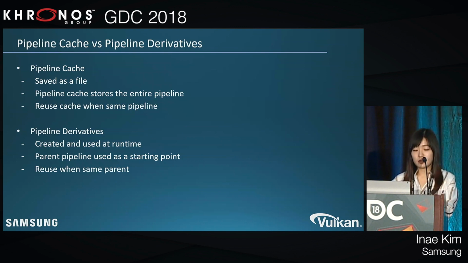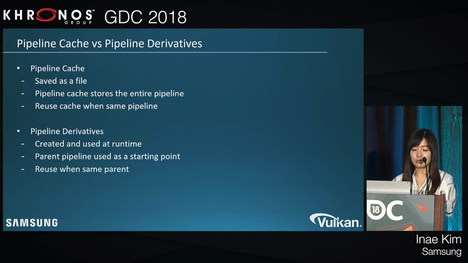Up to this slide, I have talked about pipeline cache and derivatives. So what do you think about the difference between cache and derivatives? The difference is how to save and load the pipeline and how to find it. Pipeline cache saves to and reads from the SD card, and pipeline derivatives save the pipeline handle or index at runtime.